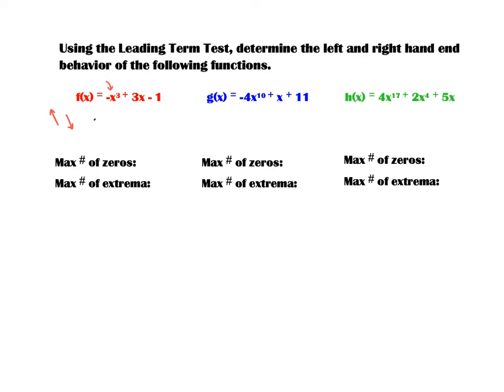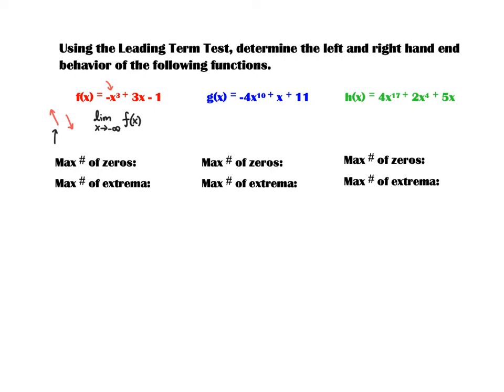So the limit, which is just the direction, okay, as x goes to negative infinity, right? I'm referring to this portion. As x goes to the left, what's happening to f of x?